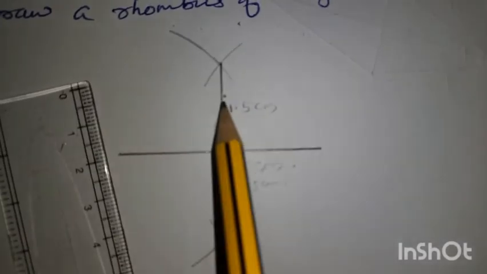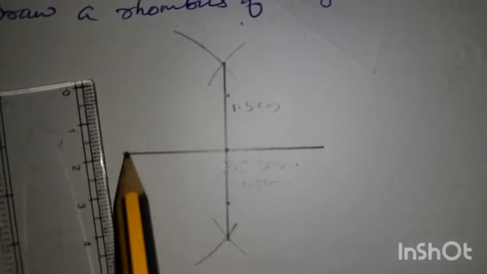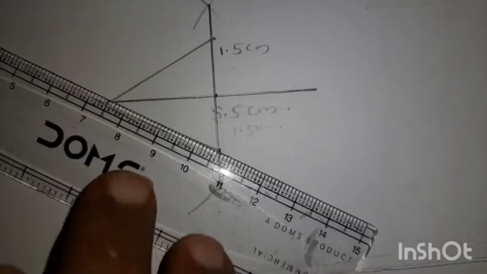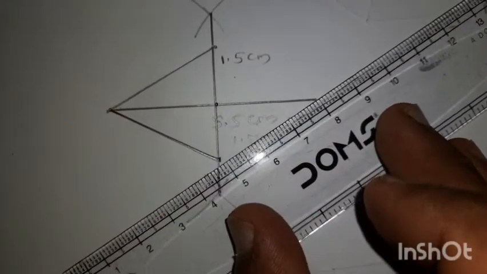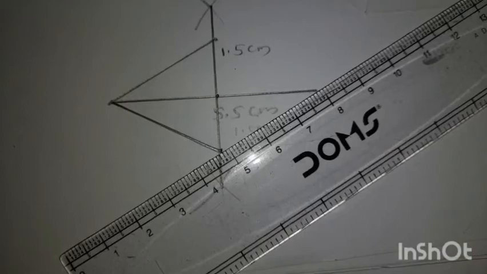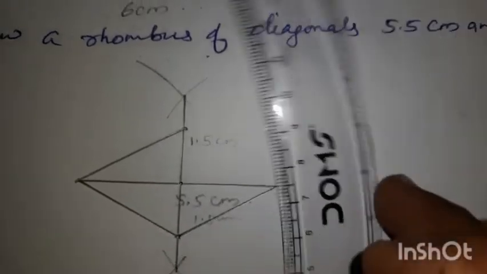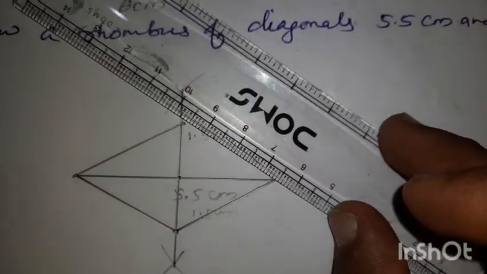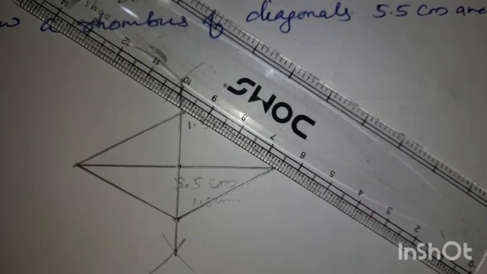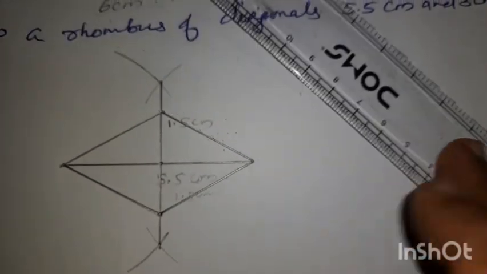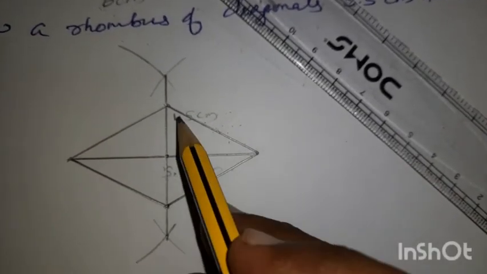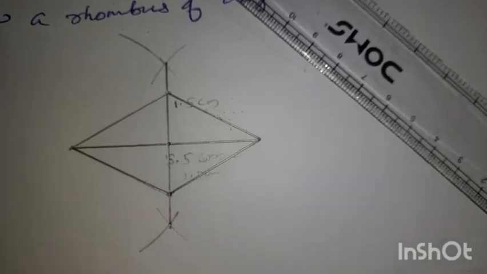So together you are getting 3 centimeter. So this is the point. So then you have to join these ends. The other end also you have to join like this. So you got a rhombus with the 5.5 centimeter and 3 centimeter diagonals.